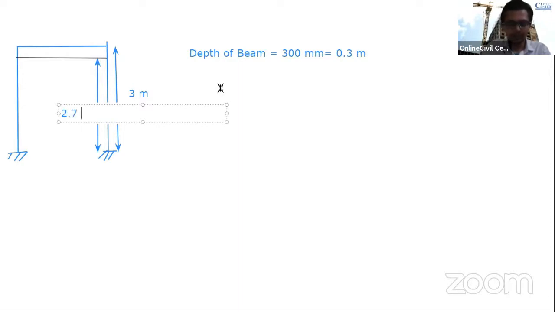So it will be 2.7 meter. These considerations can vary; I'm just taking an example. If you understand the concept behind this example, you can easily calculate the weight of brickwork anywhere. So this is 2.7 meter.